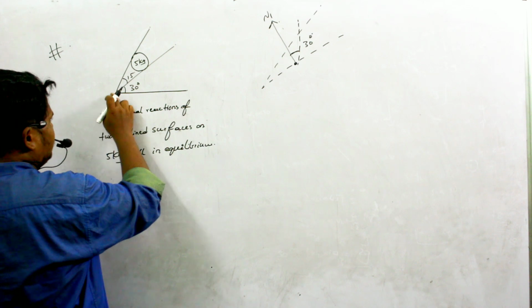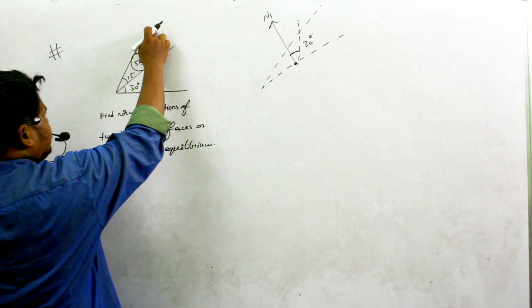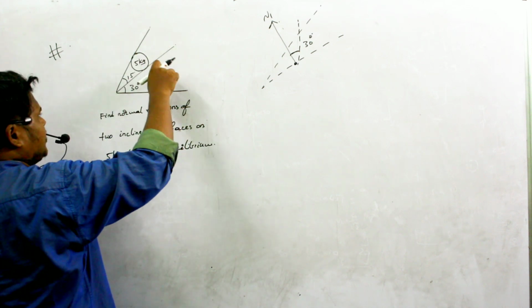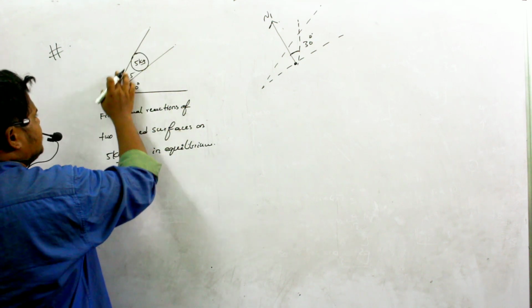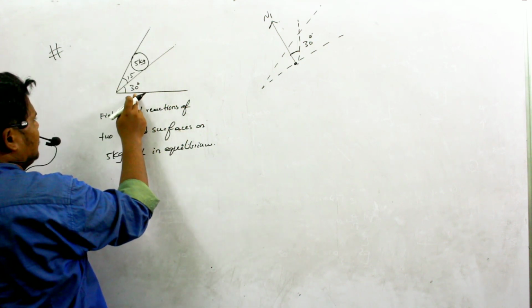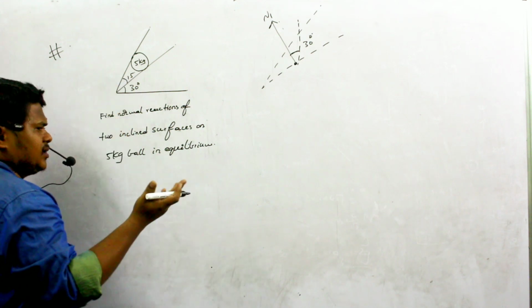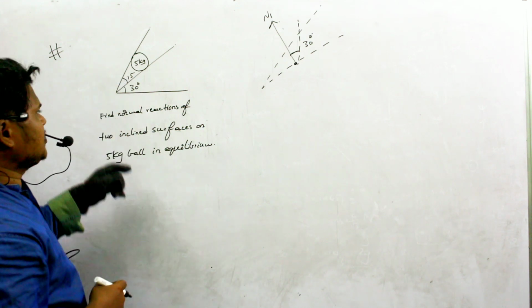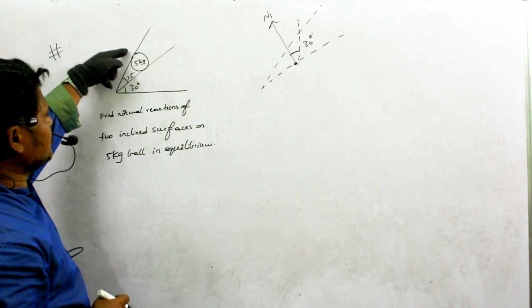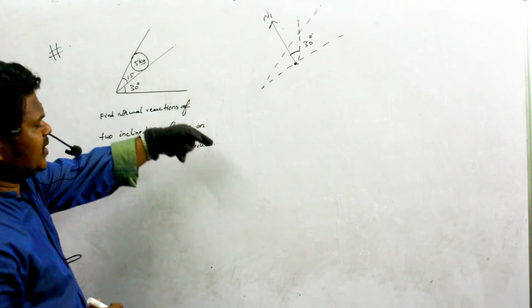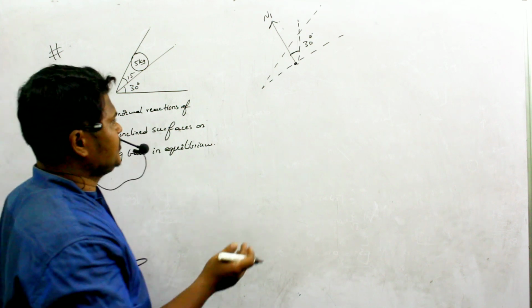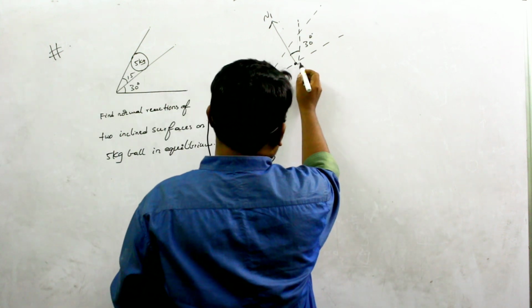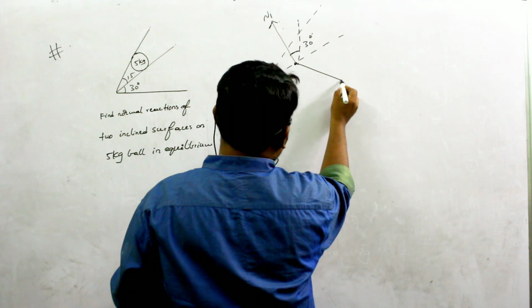Similarly, the second inclined surface also gives a normal reaction exactly perpendicular to the contact surface. But this inclined surface is at an angle of 30 plus 15, totally 45. So this normal reaction N2 will make an angle of 45 degrees with respect to the vertical. I can represent that normal reaction like this.